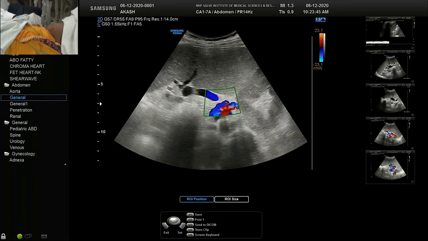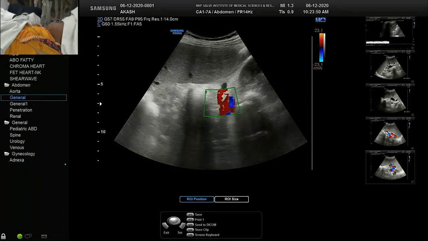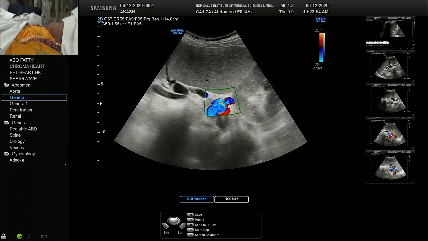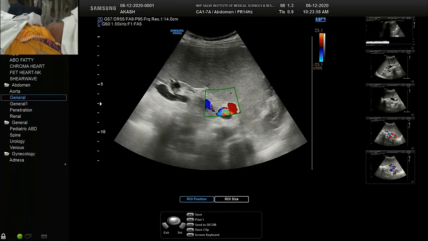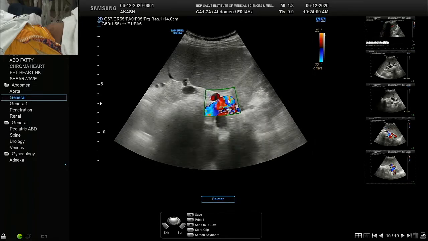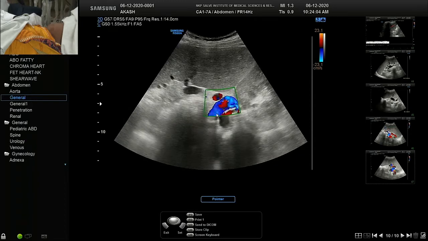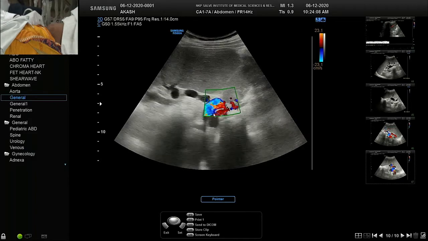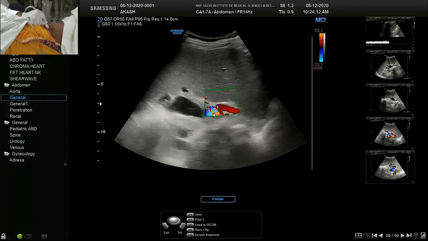And if you see the channel coming from the spleen that is entering into this splenic vein, this channel is entering here, and that is entering into the renal vein. So the patient has a third site of collaterals, that is the lienorenal collaterals.